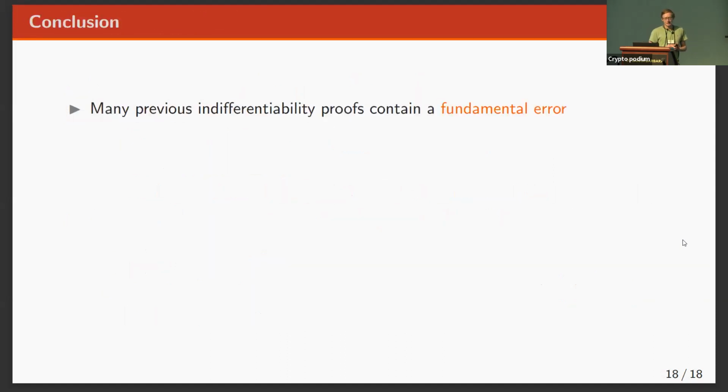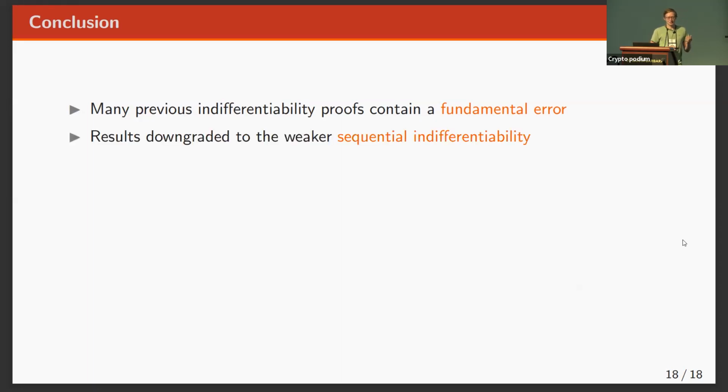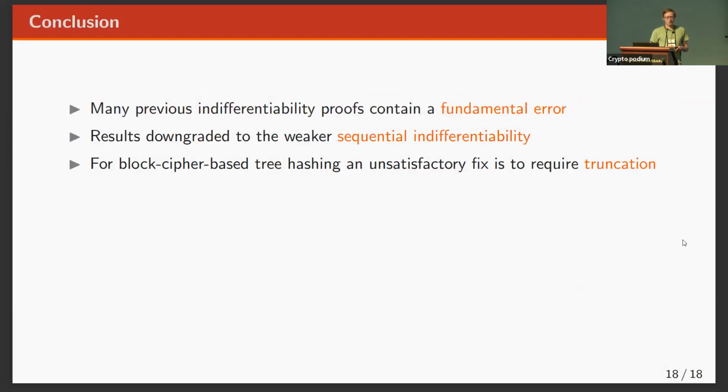So concluding, we saw that many previous indifferentiability proofs contain a fundamental error, and these results are downgraded to the weaker sequential indifferentiability setting. For block cipher-based tree hashing, we had an unsatisfactory fix that requires truncation.